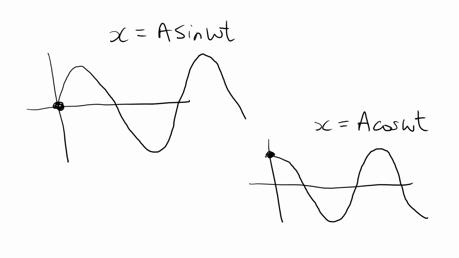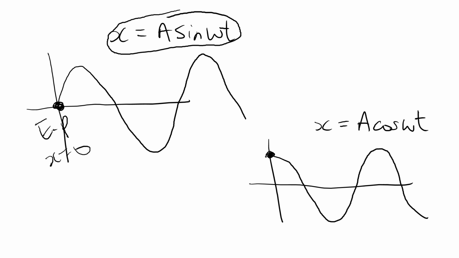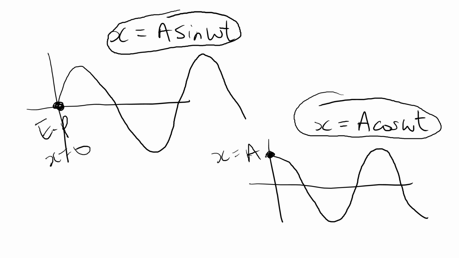Okay, so this is just as a diagram, as a picture. If you're starting at the equilibrium position, this is when x is equal to 0, you use a sine omega t, and if you're starting with x is equal to a, you start with x equals a cos omega t.